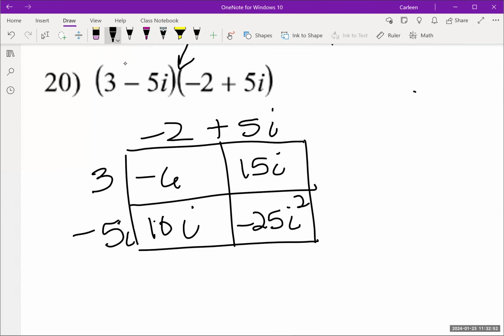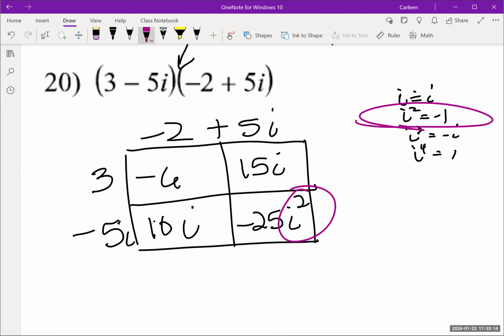Okay, what next? Should I take negative 25 and the i squared? Okay, let's take a look. i equals i, right? i squared equals negative 1. i cubed equals negative i, i to the 4th equals 1. Okay, we've got i squared right here, right? i squared is negative 1.